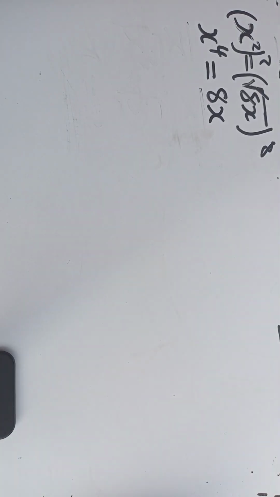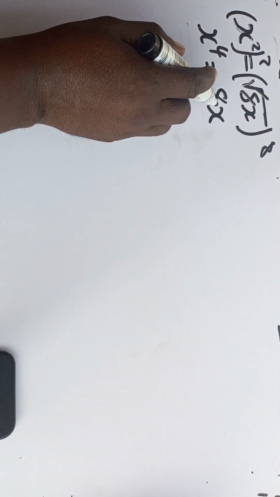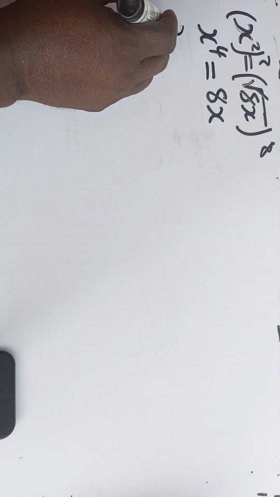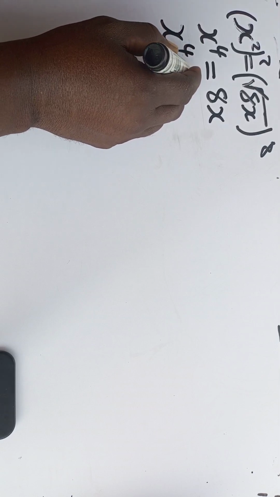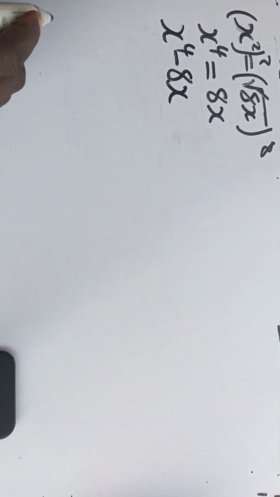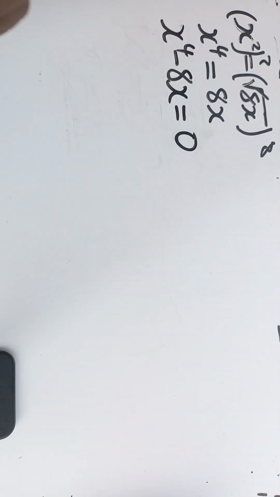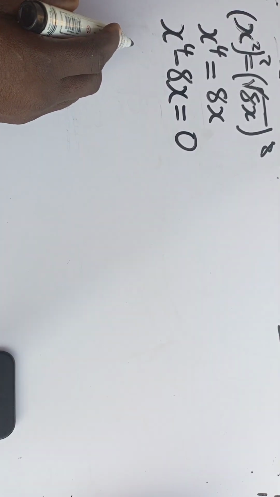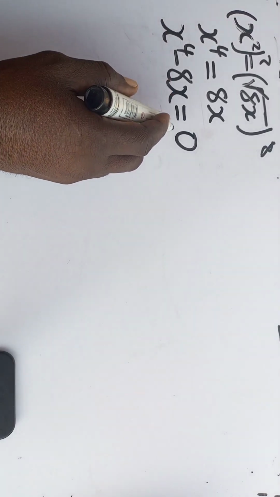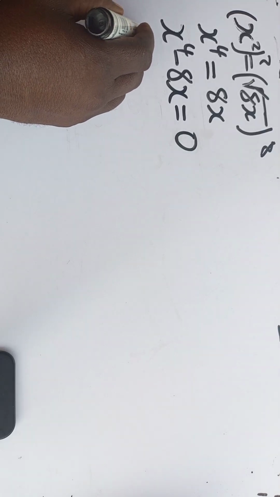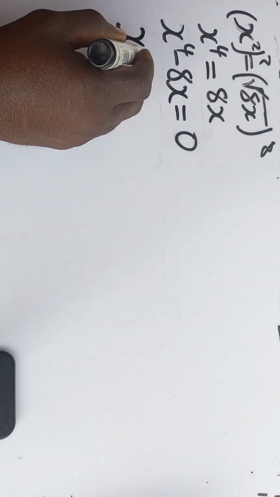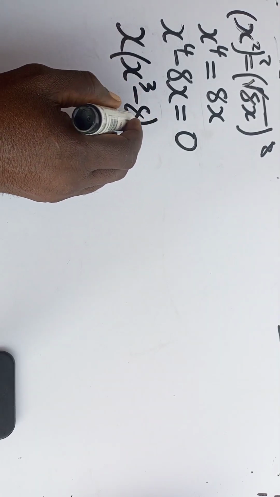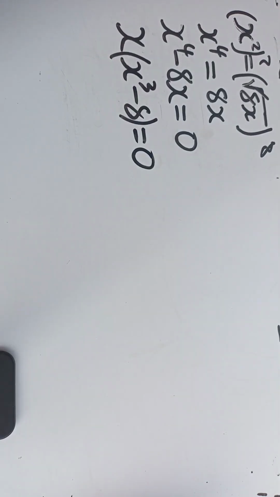So what we need to do is to take this 8x on the right hand side to the left hand side. We obtain x to the power 4 minus 8x is equal to 0. Now from here we see x is common. We factorize out x, and we have x into x cubed minus 8 equal to 0.